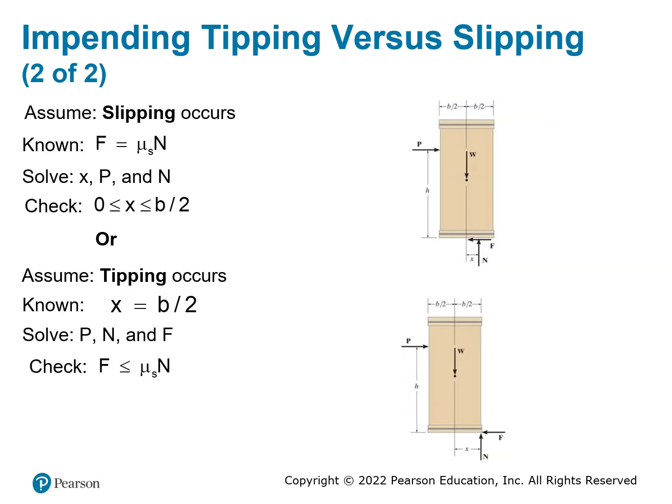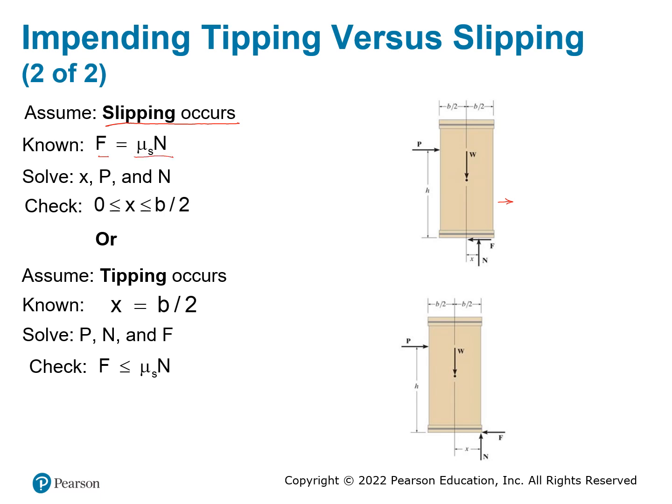So if we think about the situation that might happen, it could happen in 2 different ways. The first way is that let's assume there is slipping. Slipping means this one actually moved to the right hand side and the whole thing is moving. That is what slipping means. And we know the maximum friction force is going to be equal to this.